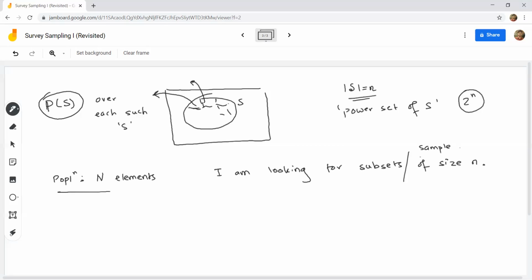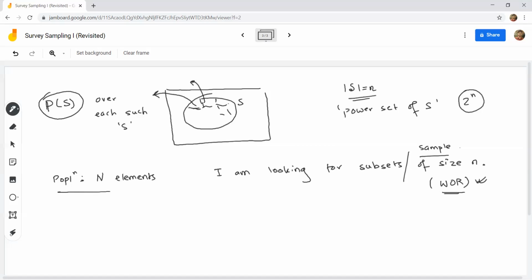So I have a population of size capital N, and I'm looking to draw a sample of size small n, without replacement, which I will clarify later. So we know what without replacement means, right? Because we have already studied these types of topics earlier. So do you know what WR or without replacement means? What type of scenario does this come up in? WR scheme?